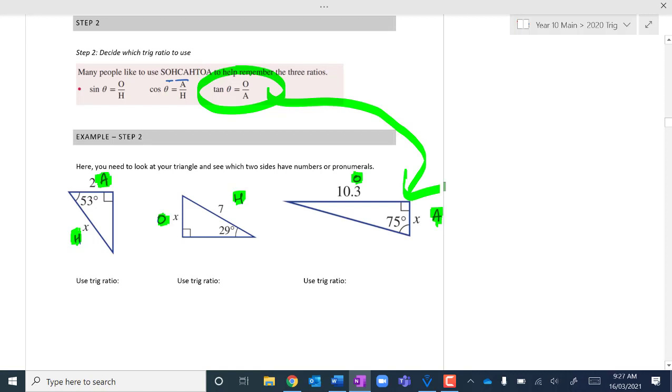A and H, we've got to use cos. And O and H, we're going to use sine.